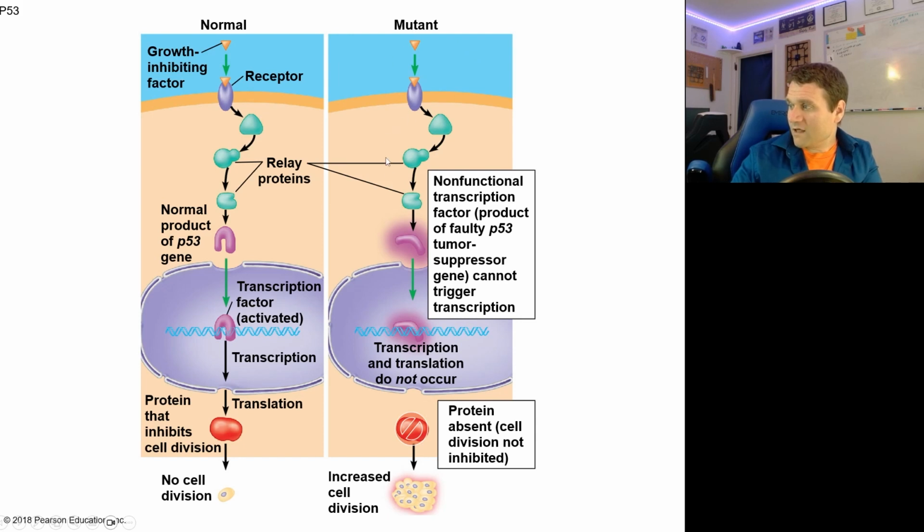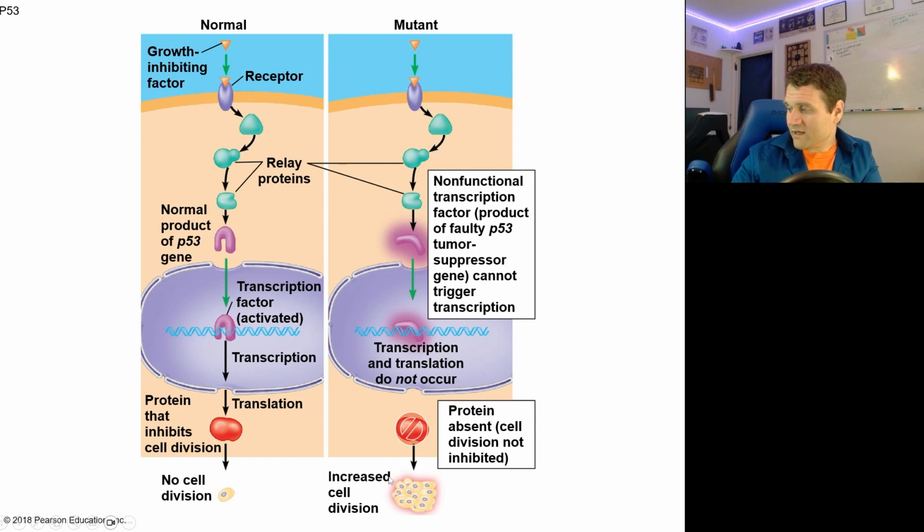But if there's a mutation in the cell of this critical P53 protein that's meant to activate transcription, then what will happen is it will not ever turn on that tumor suppressor gene. It will no longer activate it, which means that we will not have that protein created, which decreases cell division.